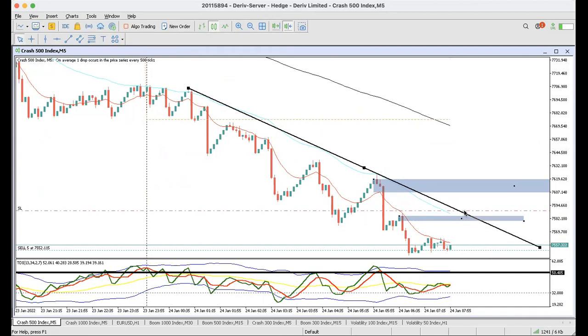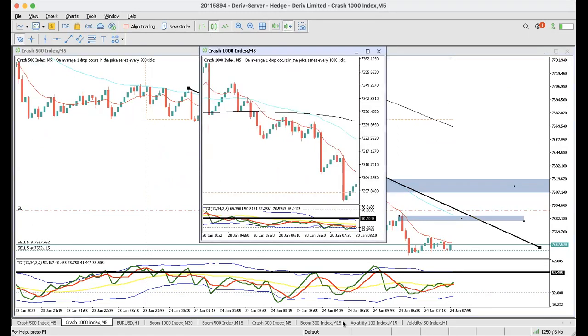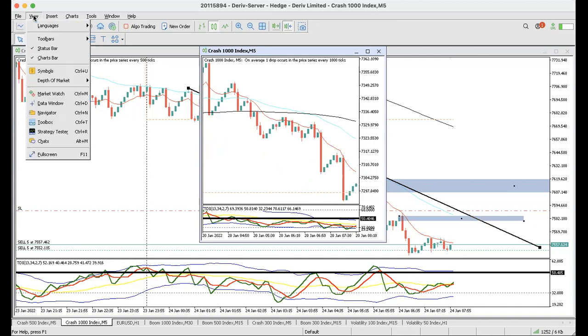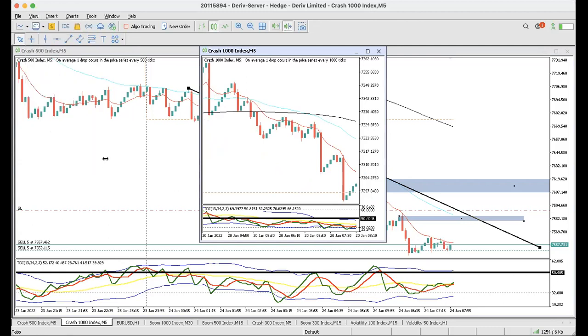I'll just put it here. Let me just open another order there. So the time frame which you look at, let me open V75. Okay, V75.